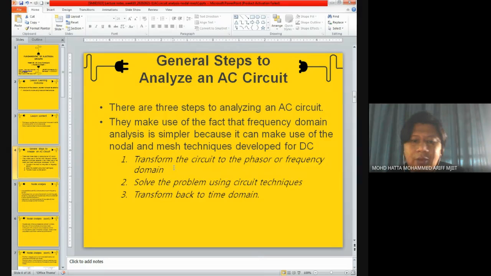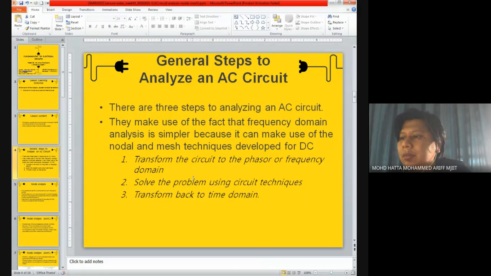However, the value of each passive component, for example capacitor and inductor, will be converted into frequency domain quantities. So here, transforming the circuit does not mean we modify the arrangement of the circuit. What we do is modify the quantities of the elements inside the circuit. The arrangement stays as we have seen in the time domain connection.